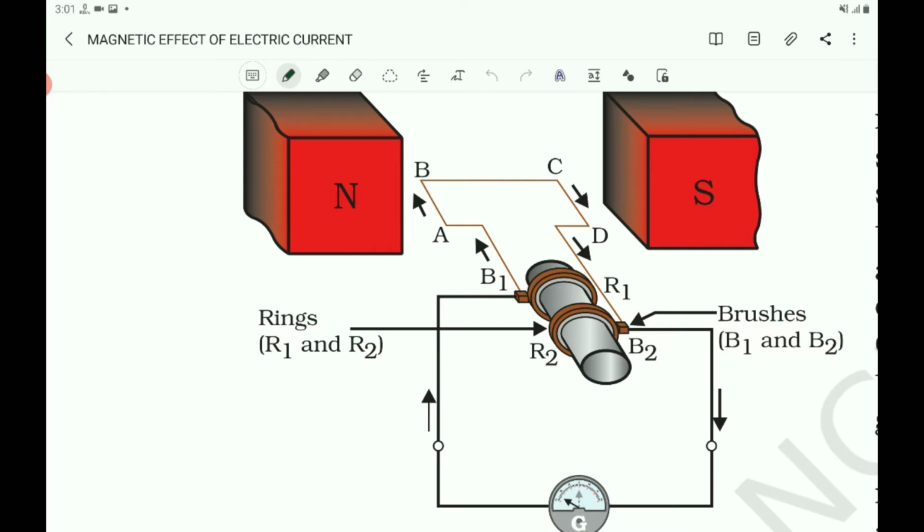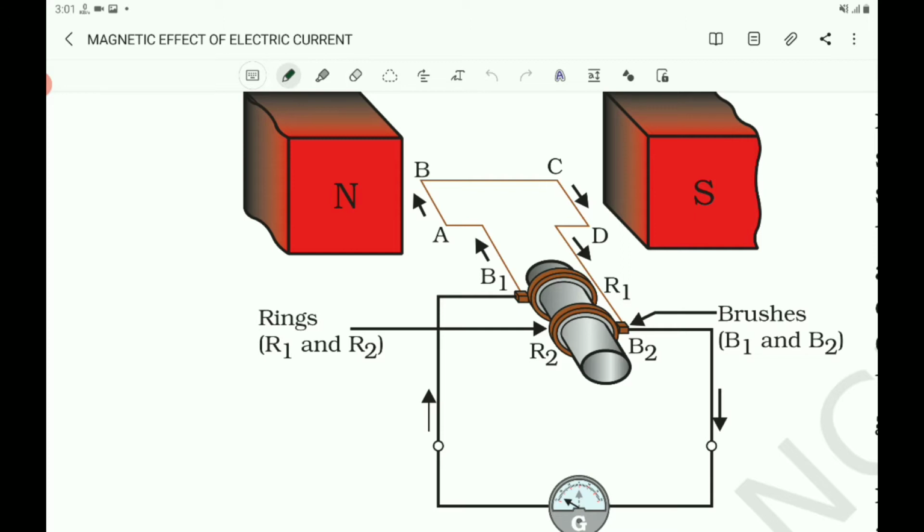One is by moving a magnet towards or away from the coil, or vice versa. And the second method is changing current in the neighboring coil.